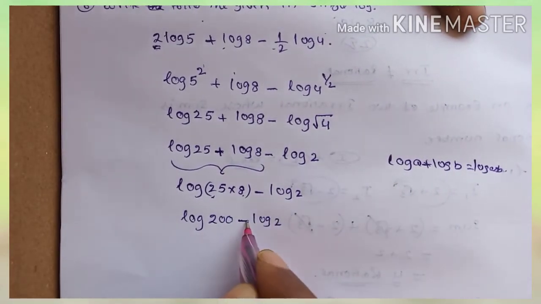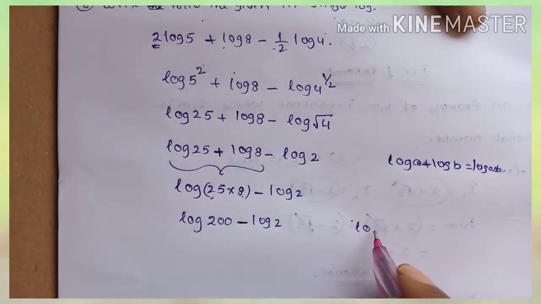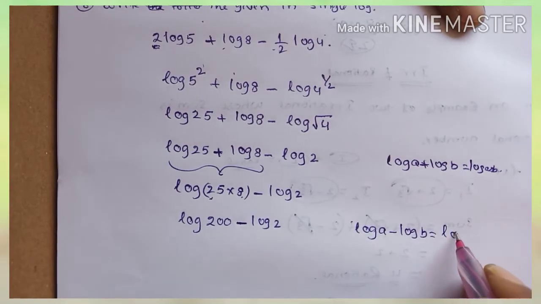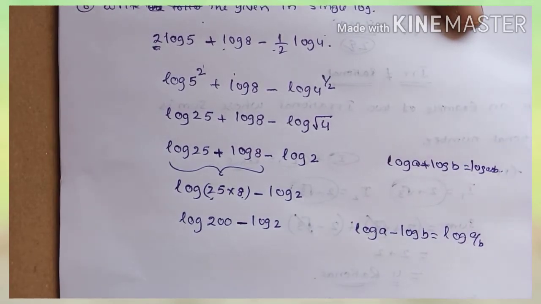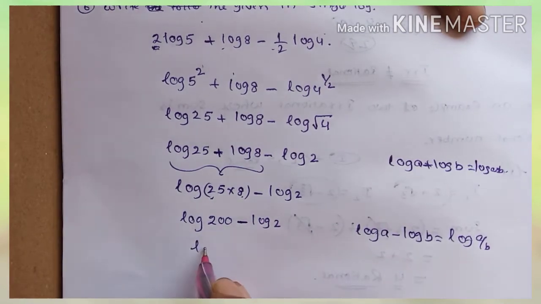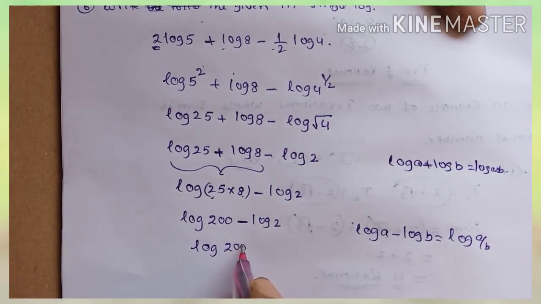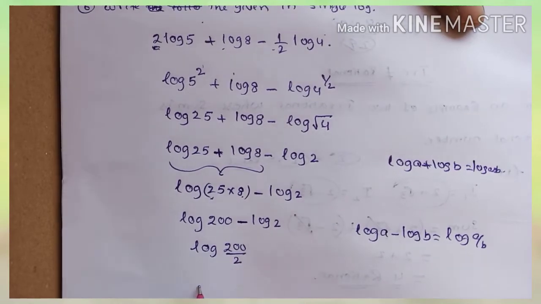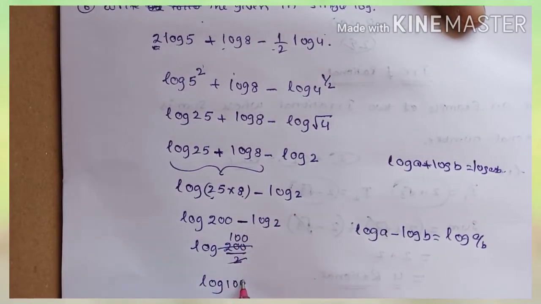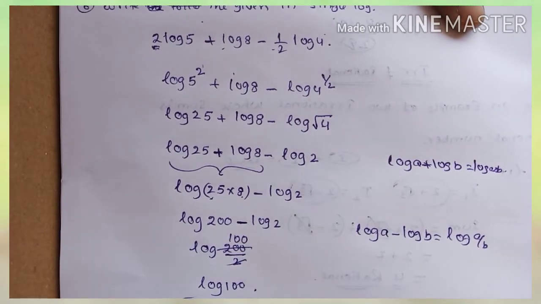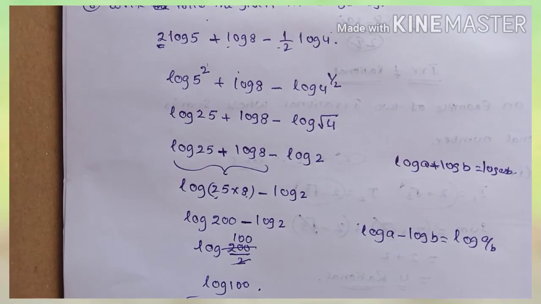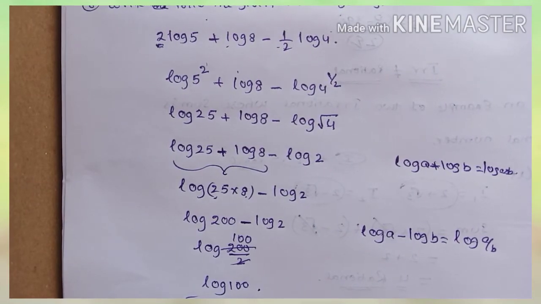Now between them is a minus symbol: logarithm of a minus logarithm of b is equal to log a by b. Okay, now here logarithm of 200 by 2. So 2 times 100 is 200. So the simplified value is equal to log 100. Okay, let's go for the next one.